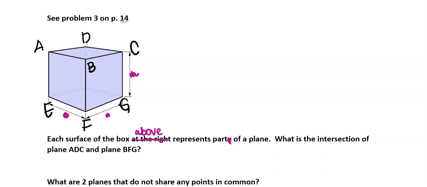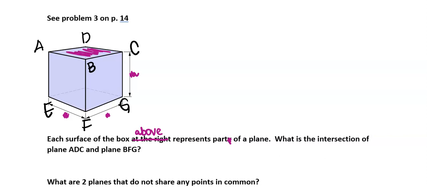So here's where I suggest if you have different colored pens and you have something that you're confused about how they intersect, where they intersect, what they intersect in, using different colored pens or markers will definitely help. So plane ADC, as you can see, ADC are on the top of the box. That's this plane.